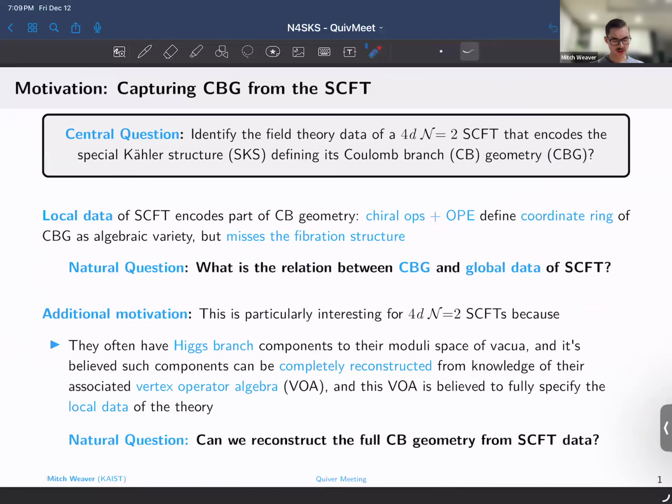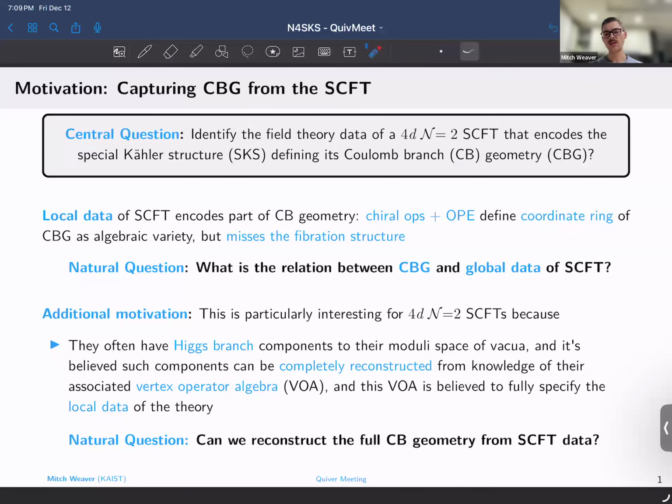And an additional motivation is the following. This question is particularly interesting for this class of SCFTs because they often have Higgs branch components to their moduli space of vacua, and it's believed that these components can be completely reconstructed from knowledge of what's called the associated vertex operator algebra. And moreover, this VOA is believed to be fully specified by the local data.